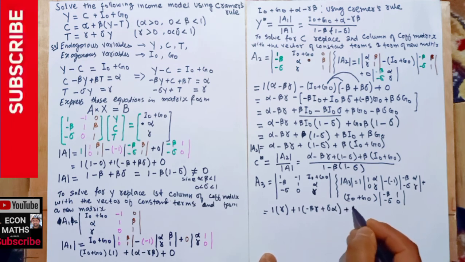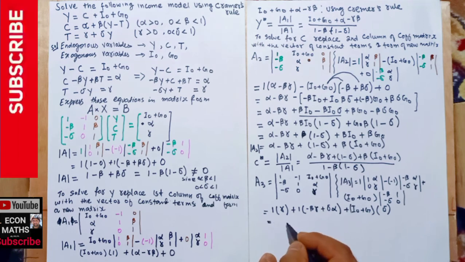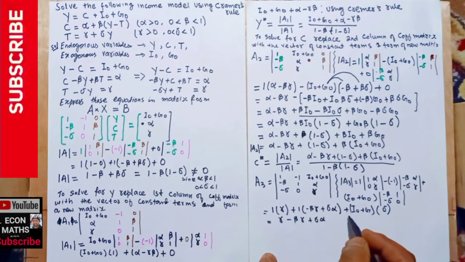Now we have this I0 plus G0, multiplied with beta into 0 is 0, minus beta into 0, and this minus will become plus, so this is plus delta. So this is gamma. Now this is minus beta gamma plus delta alpha plus this delta and this I0 plus G0.